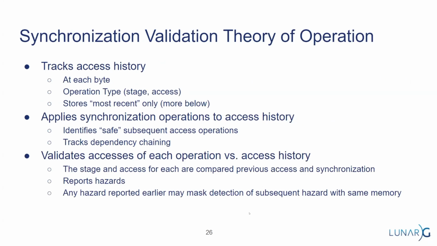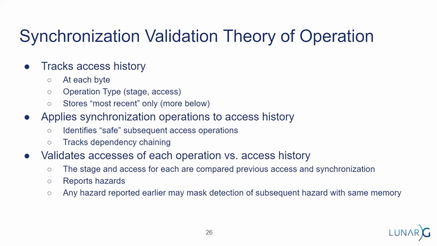So the theory of operation inside synchronization validation is we look at the history at each byte. For efficiency, we look at ranges of bytes. We look at the stage and access of the operation. And we only look at the most recent.